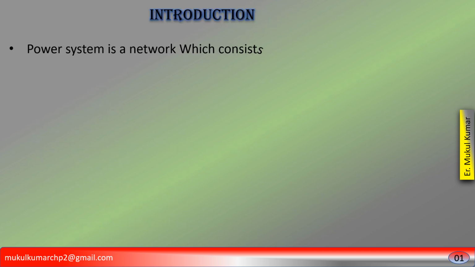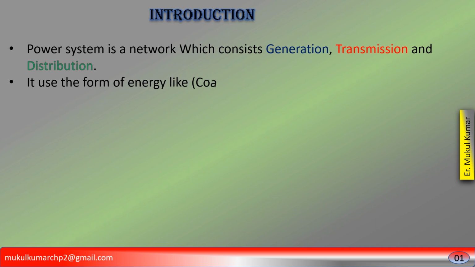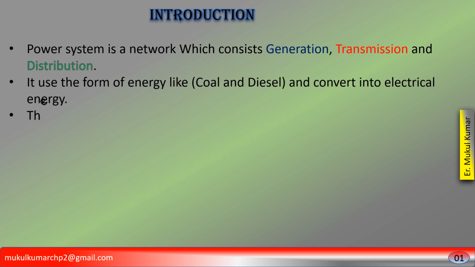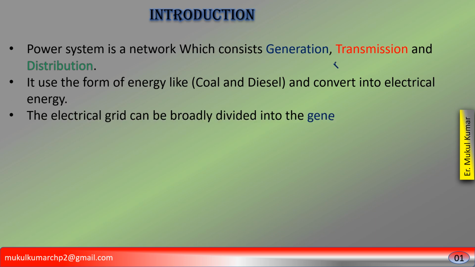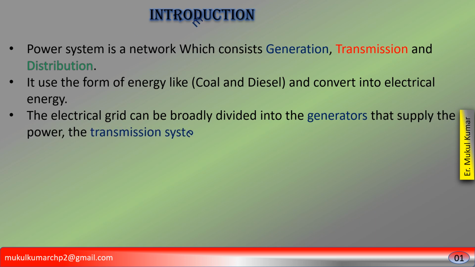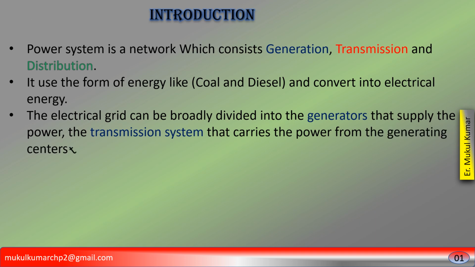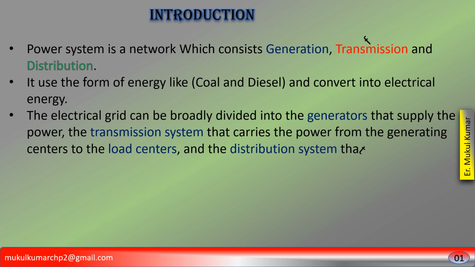And the second slide is the introduction of power system. A power system is a network which consists of generation, transmission and distribution. Generation uses energy like coal, diesel and also hydro energy, and converts it into electrical energy.